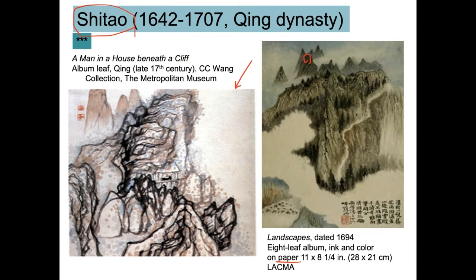So a lot of people interpret Shi Tao as a painter of psychological impact or psychological conditions. So this is how he feels, suffocating, and cannot go outside, cannot even move, as if the house is built in between these rocky cliffs.